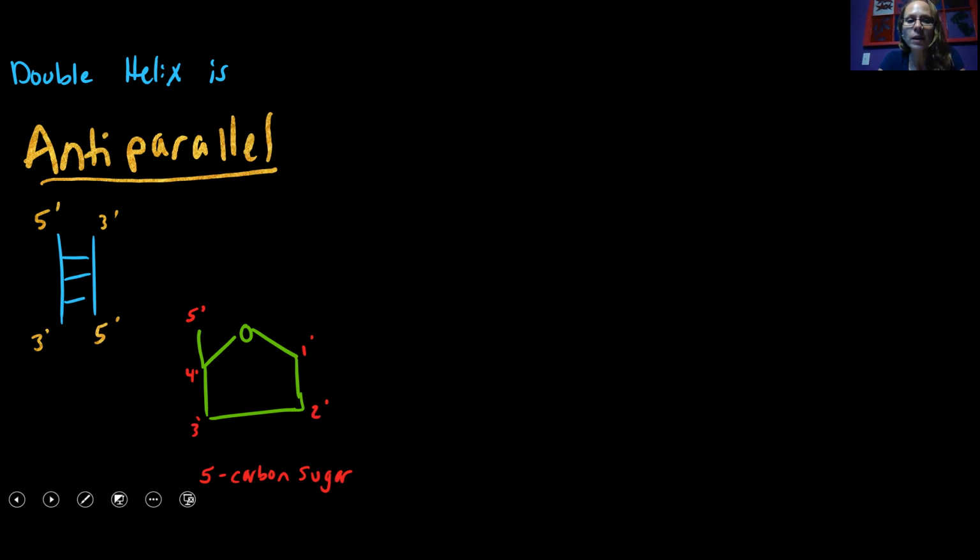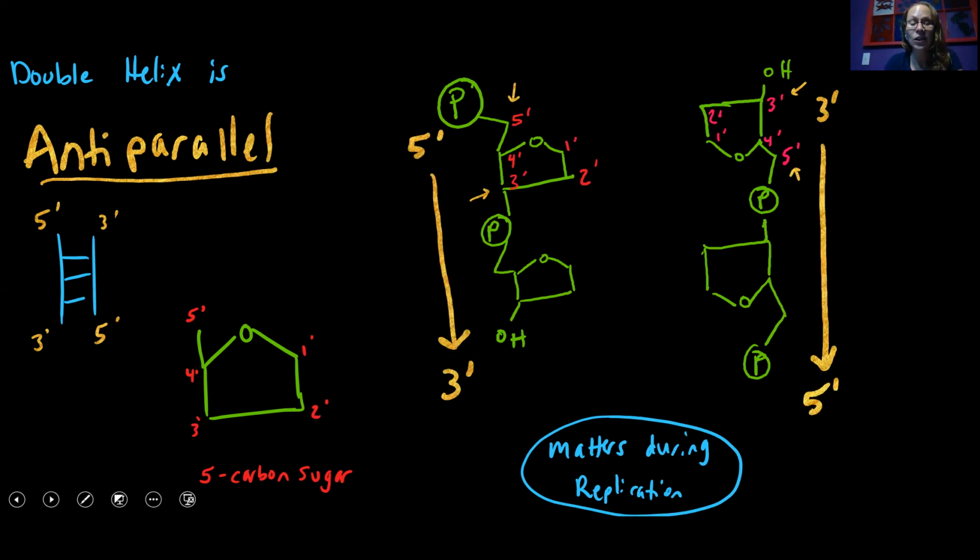Okay, so what we're going to see is that on one side we have our 5' end up, so we're going to talk about it as going from 5' to 3', and the opposite side is going in the opposite direction or orientation, so it's going to have the 5' end pointing down. Take a look at this picture here.